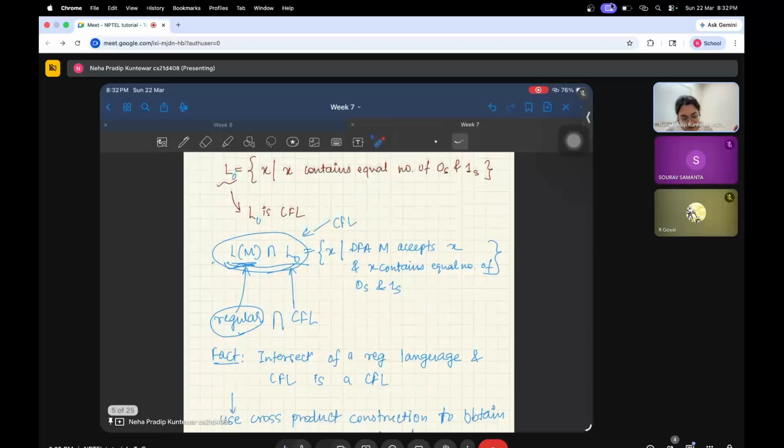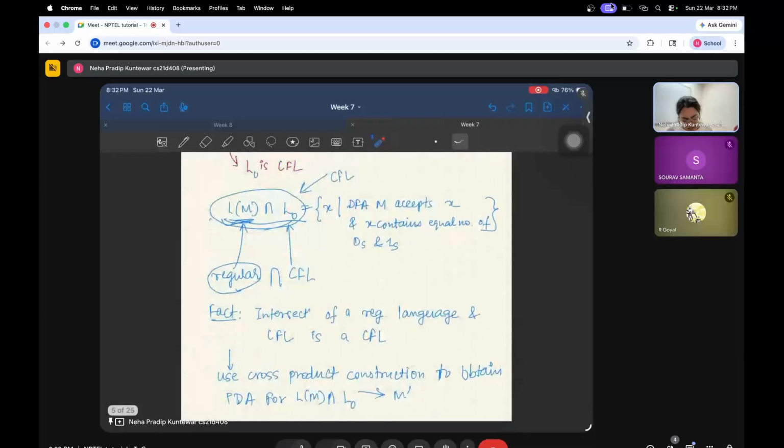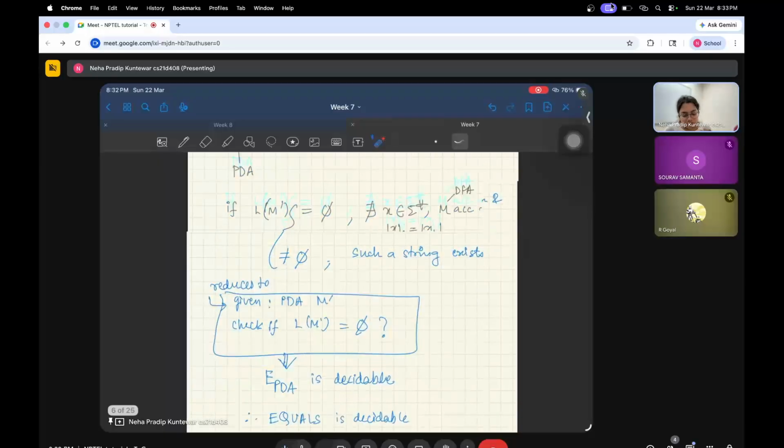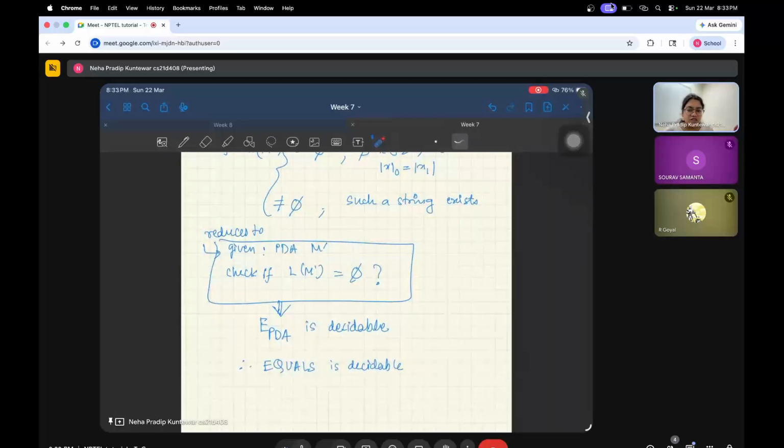And we can come up with a machine for this, which is a PDA. This is something we know how to do by cross product construction. So all we need to check is whether the language of this PDA, which recognizes this intersection language, is empty or not. If it is empty, then we know that such a string does not exist. If it is not empty, then we know that such a string is there. Since we are only checking for emptiness of a PDA, this is nothing but the emptiness checking problem. So for solving EQUALS, we are reducing it to the emptiness checking problem, which we know is decidable, therefore EQUALS must be decidable.